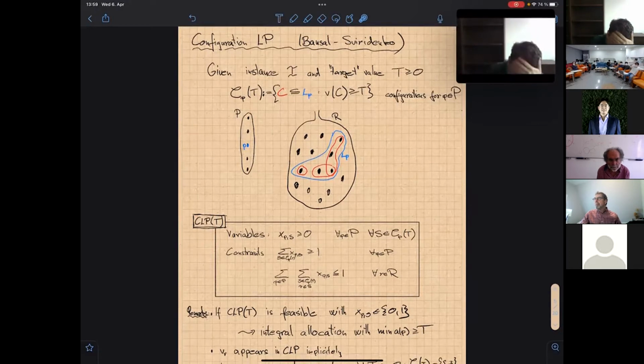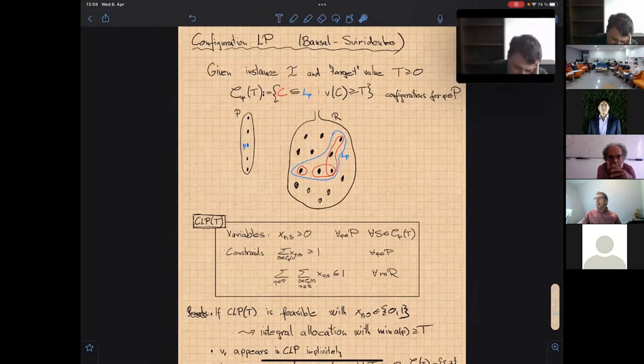Suppose that we are given an instance and we identify a target value t, which we would like to achieve. With the help of this target value, we will identify a set of subsets of the set of each child.